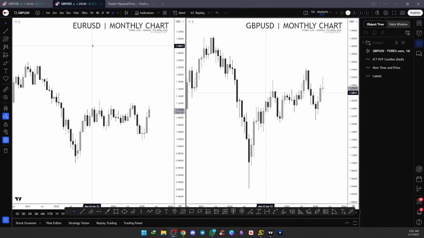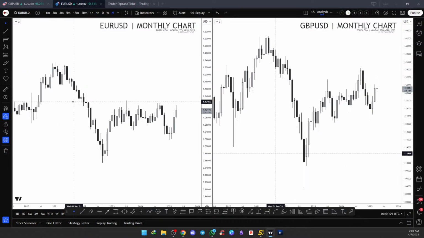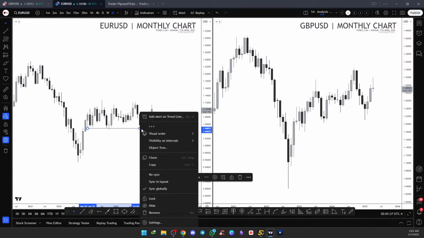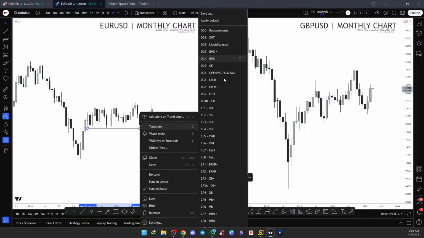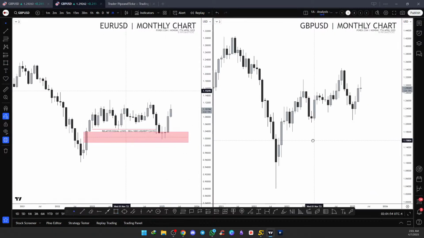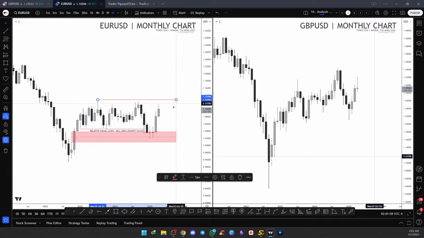Coming back to the charts, this is our monthly charts of EURUSD and GBPUSD. So what we are seeing here is price has taken out these relative equal lows, REL. In the monthly time frame, it has tapped into this inefficiency. So it is now currently headed for the buy side liquidity.